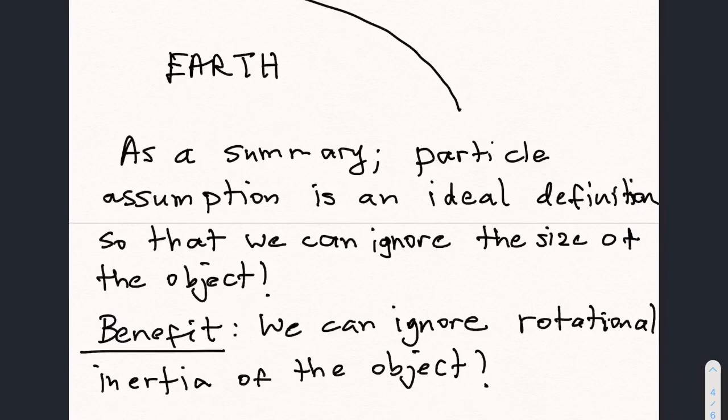In order to talk about rotation about its own axis, you need to think about a size. So if the object doesn't have size, you cannot talk about axial rotational inertia effects of the object.